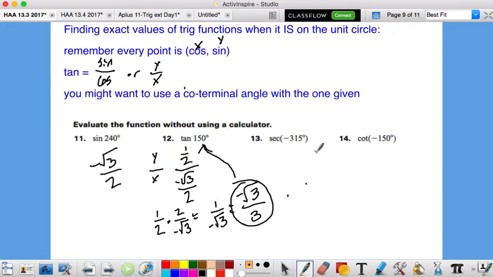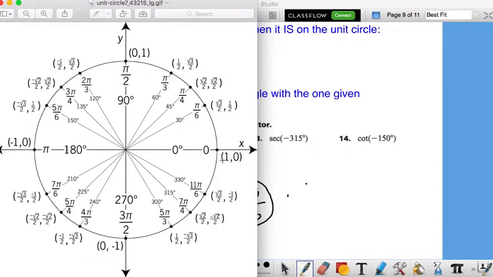For the secant of negative 315, we're going to go 1 over the cosine value, because secant relates to cosine. So we'll go back to our unit circle, sorry. Negative 315 degrees is coterminal with a positive 45 degrees. If you picture going negative 315 degrees. So we're right here.